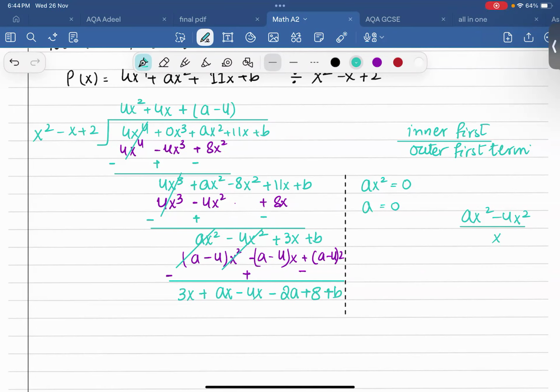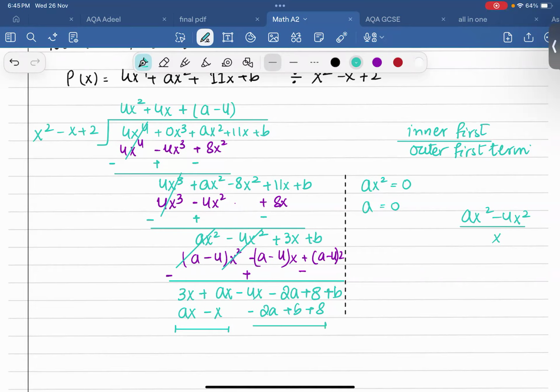So over here, if I further solve it, that becomes just ax minus x, and then minus 2a plus b plus 8, right? So now this is the x term and this is the constant term.